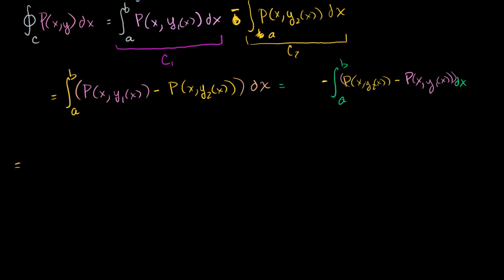So this thing can be rewritten as minus the integral from a to b of the function p of x, y, evaluated at y2 of x, minus it evaluated, and let me make it very clear, this is y is equal to y2 of x, minus this function evaluated at y is equal to y1 of x.